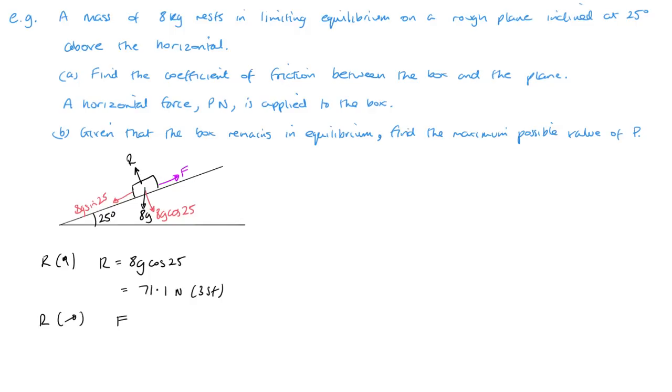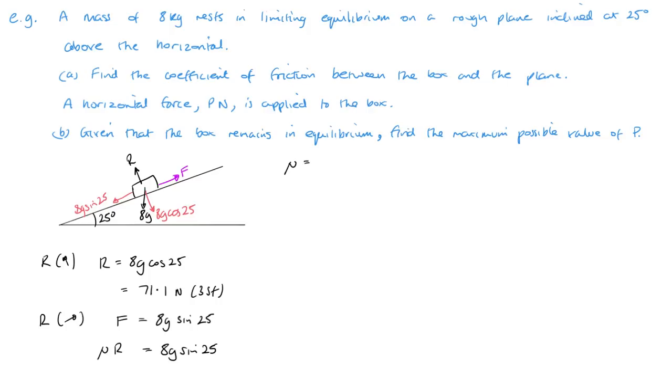So that means that F is equal to 8g sine 25, and F is mu R. Now R I already know, and I want to find mu, so I'll just write it up here.